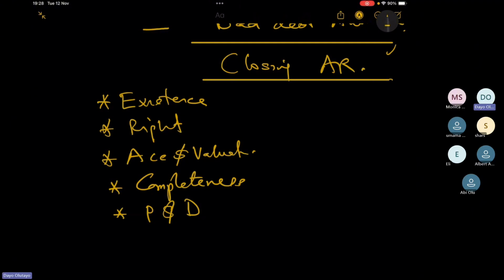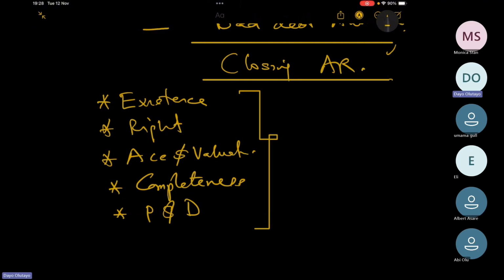It doesn't have to be good, it can be bad. But when it is bad, you need to see that it's bad. And when it is good, you have to be confident that it is really good. Right. So these are the assertions that will confirm to you that account receivable is not misstated. So you need confidence or comfort on each of them.